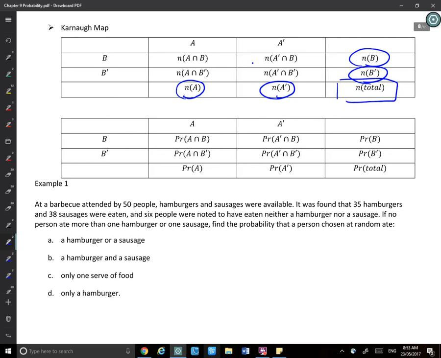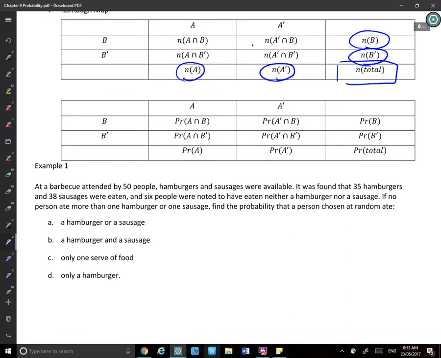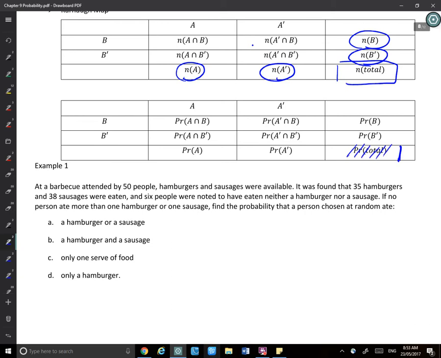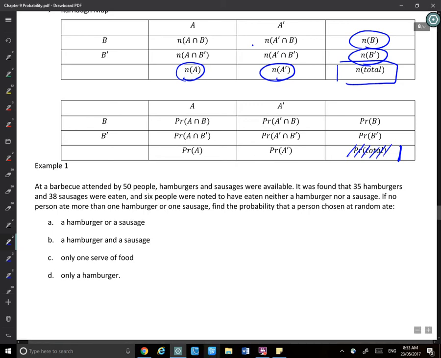For example, in the previous university question, you have 100 here because you have 100 students in total. If it represents probability, then this is just 1, because the total probability is 1 in any case.